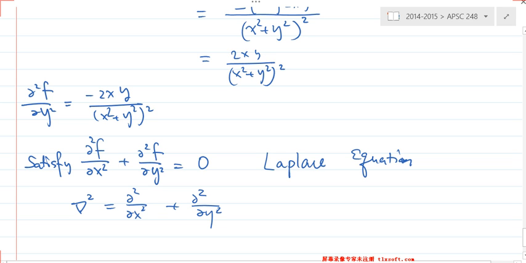Here it's flowing that way with this much strength, there it's flowing this way with that much strength. Imagine a bunch of porcupine arrows.